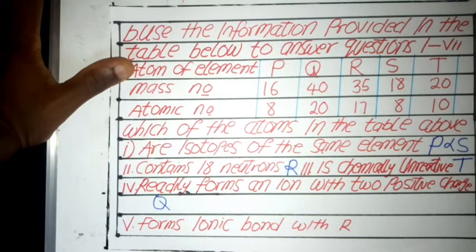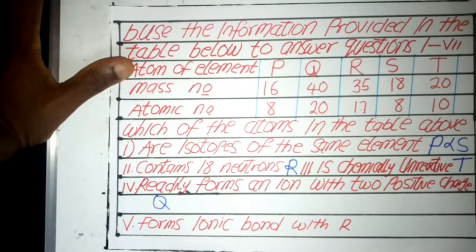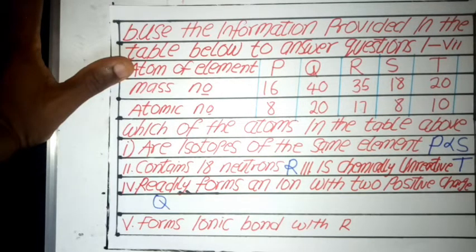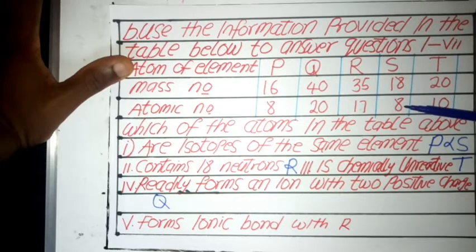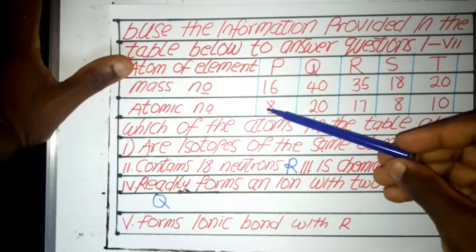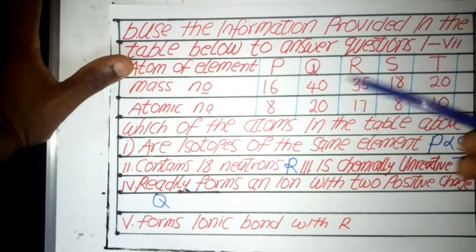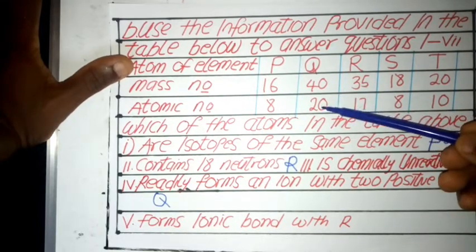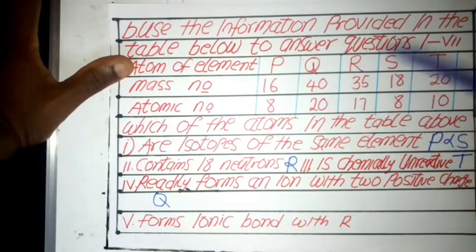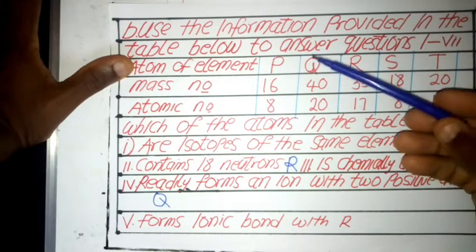It should be a metal. And in these elements, this is neon. This is oxygen. So the metal here is calcium. Calcium would form an ionic bond with R. So the answer would be Q.